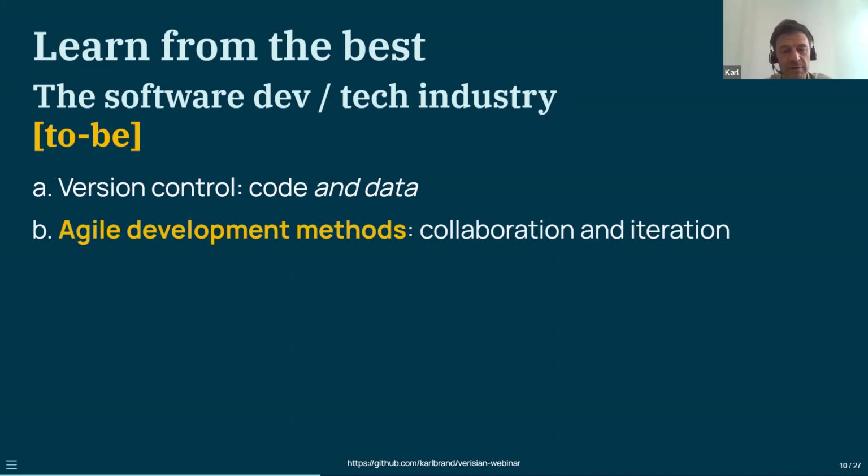Agile development methods, the ability for teams to collaborate, so build off each other's ideas, critically assess other people's ideas, and review the code of our colleagues, provide suggestions, and iteration. So to continually redo what has been done to improve it.